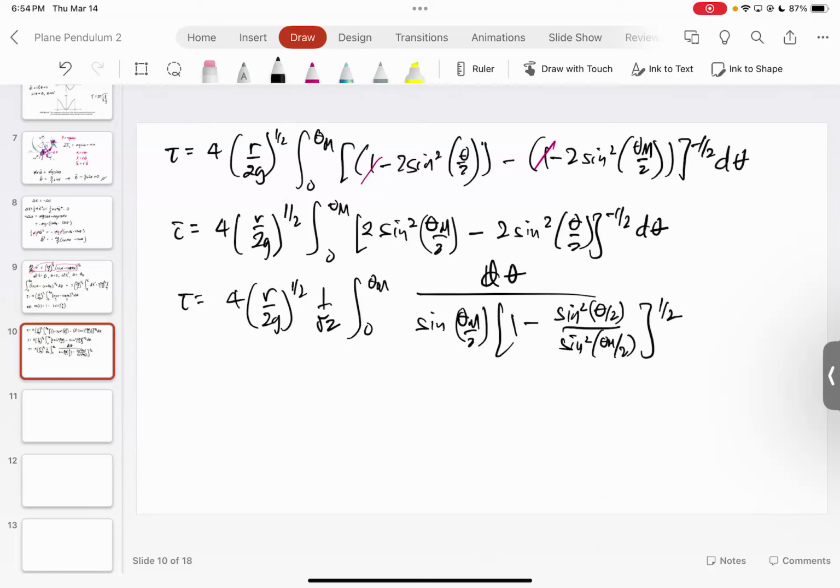Let u be equal to sine theta over 2 over sine theta sub m over 2.